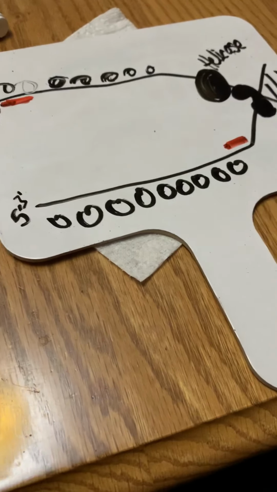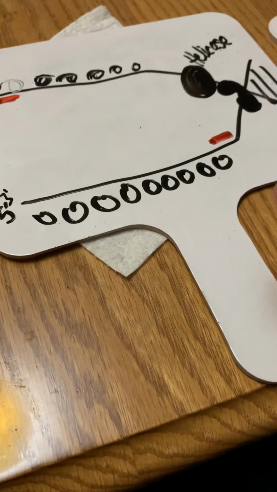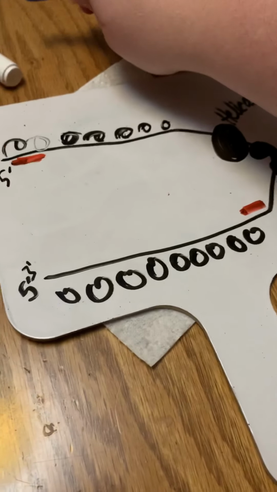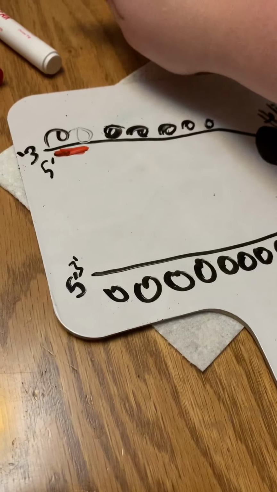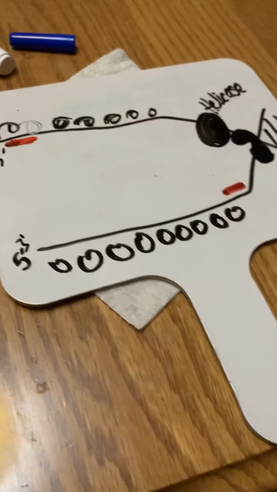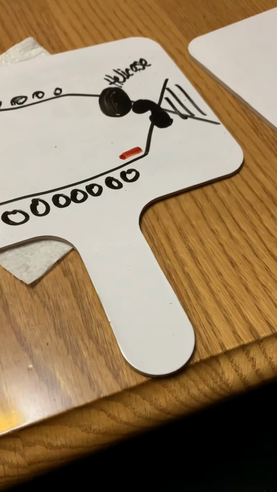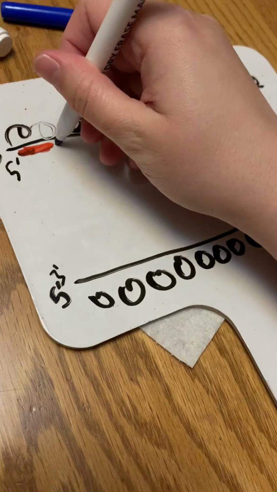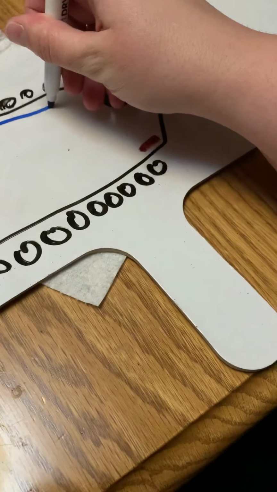DNA polymerase 3 constructs DNA nucleotides into new DNA strands by creating phosphodiester bonds between nucleotides. It adds nucleotides through complementary base pairing to the 3' end of the strands. So it's going to add this way.